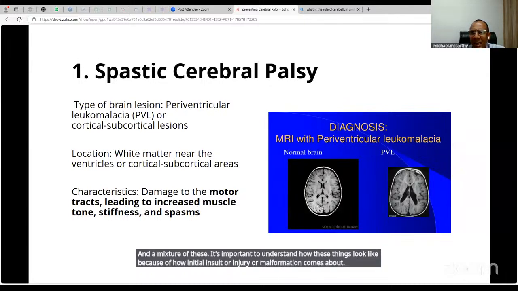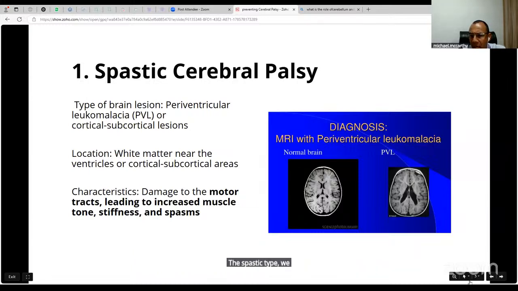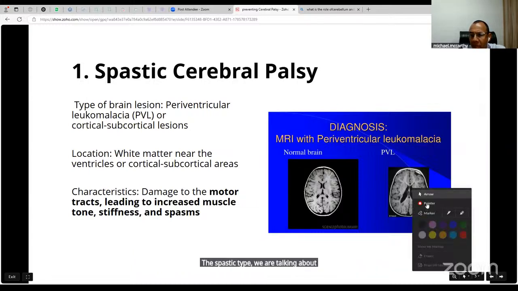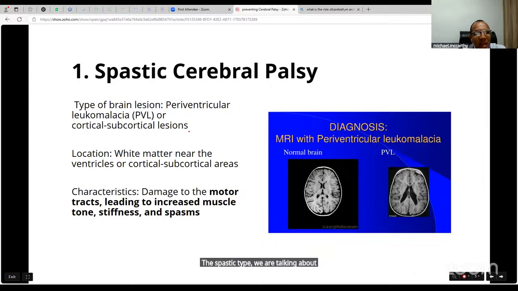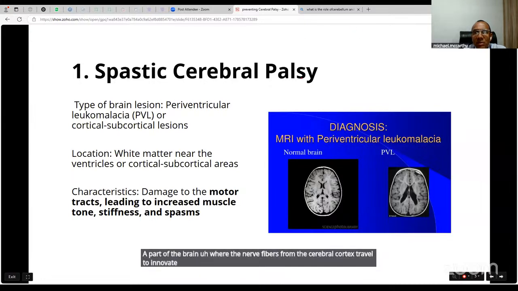In the spastic type, we are talking about a part of the brain where the nerve fibers from the cerebral cortex travel to innervate the muscles.